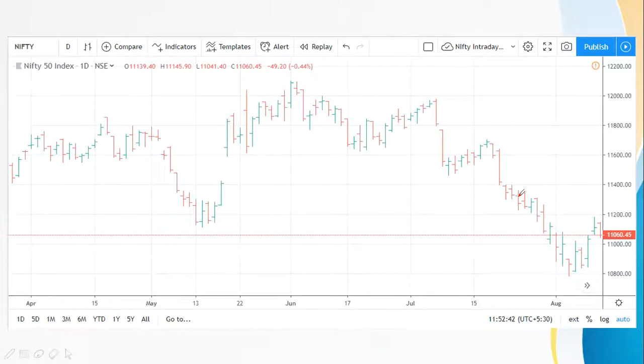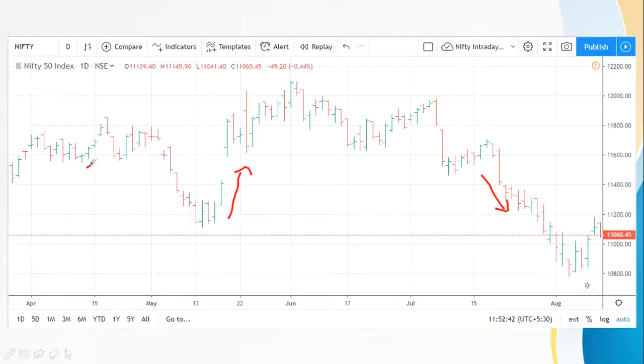So here again we have a downward movement and all color coded red bars. And here we have three green bars showing an upward movement.